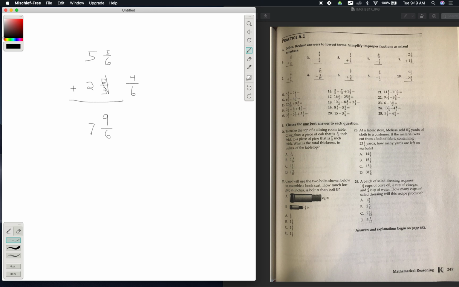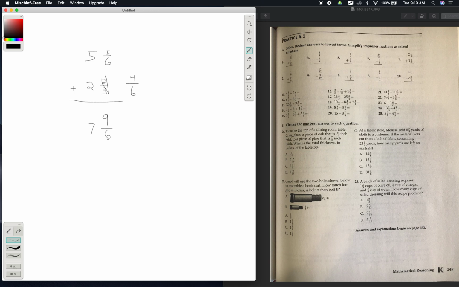Okay. Now you'll notice something different here that we have not encountered. It's not only a mixed number because it has the whole numbers here, but it's also an improper fraction because the numerator is larger than the denominator. So we need to reduce that. Anytime that you have this larger than this, I explained this earlier, we know we have at least one whole number.